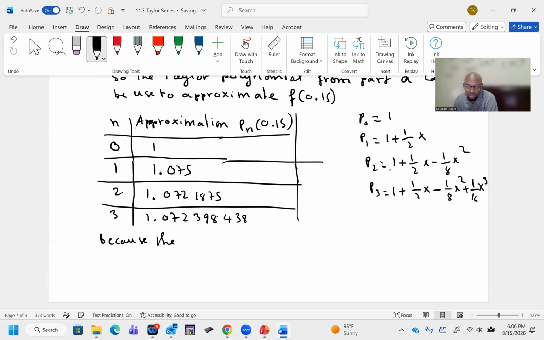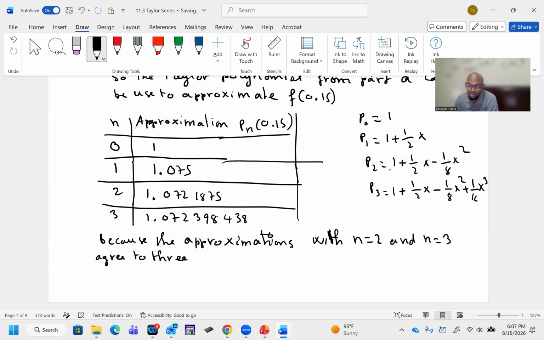Because the summations with n equal to 2 and n equal to 3 agree to 3 decimal places. Why?